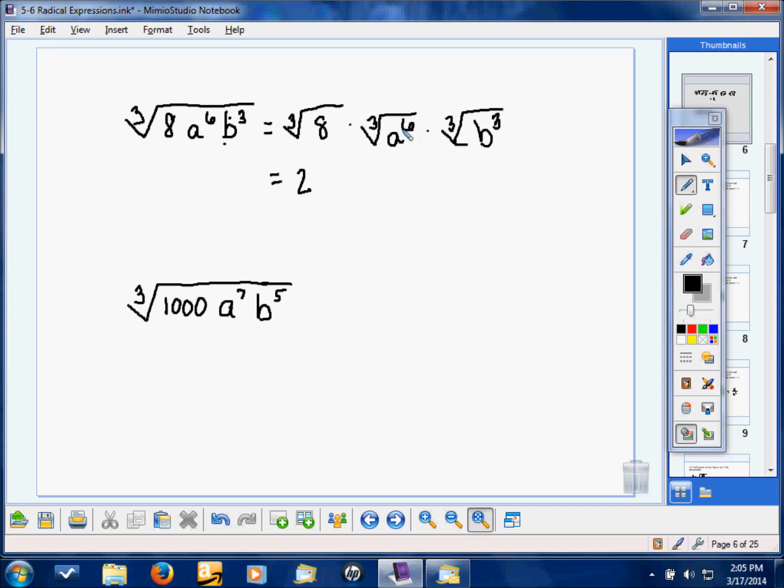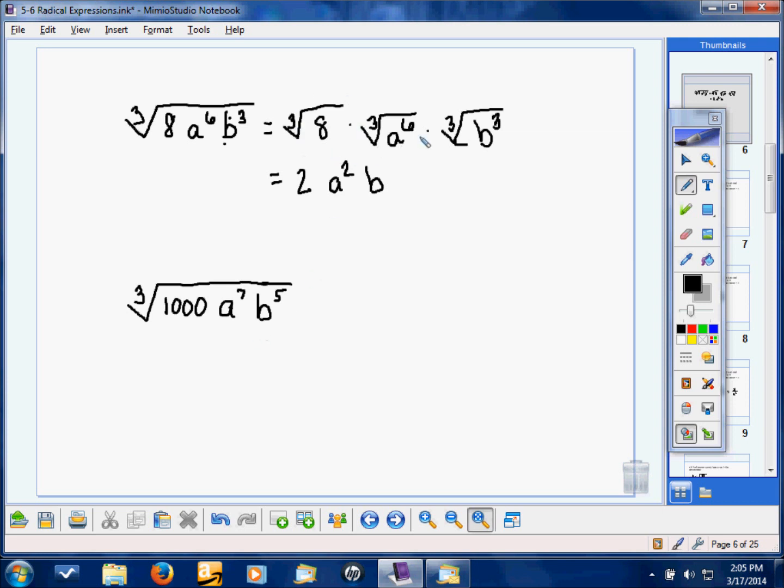Divide them. So 6 divided by 3. A to the 2nd. This one, once again, you divide, b. Gives you b. Okay, so this one is treated pretty much the same way.